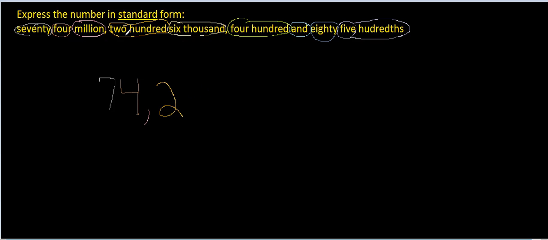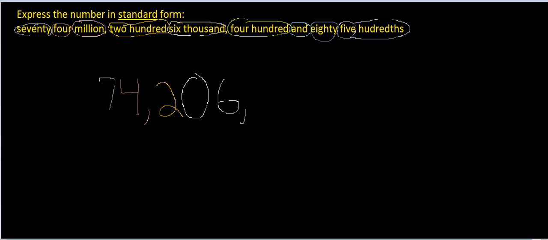So since this does not have a 10,000 in it, I know that I need to represent that with a 0. And then I see it goes to 6. So right now we have 200, 6,000. I see 1,000, so I know that I can put a comma there.